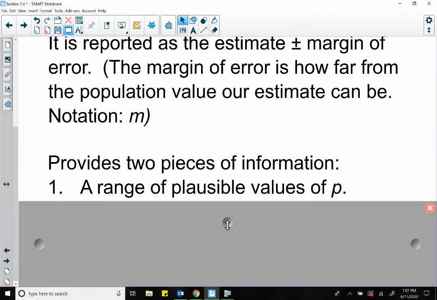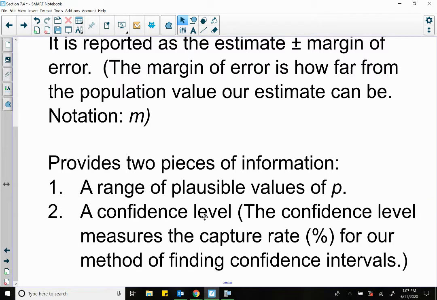Or in other words, our population proportion. The other thing that it provides us is a confidence level. Okay? A confidence level measures our capture rate, and it's a percentage.